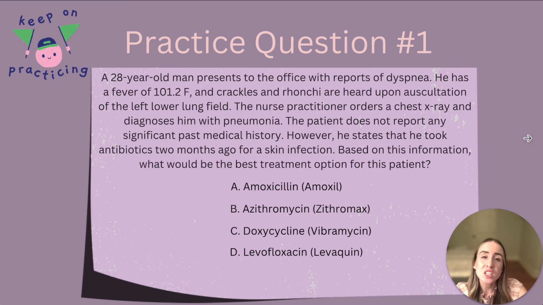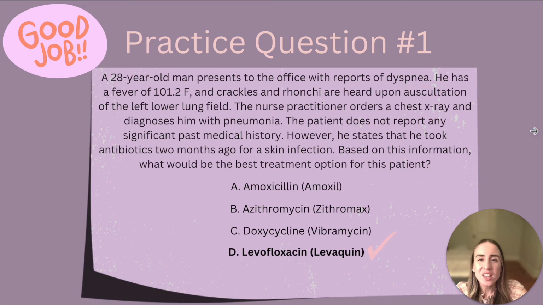Generally, if a patient is older than the age of 65, has any respiratory comorbidities such as COPD or asthma, or has taken antibiotics in the past 90 days, it would necessitate the use of a stronger antibiotic, such as a respiratory fluoroquinolone like levofloxacin or levaquin. Or a combination of a macrolide plus amoxicillin clavulanate or augmentin could also be used.